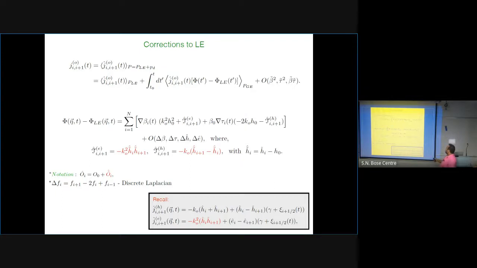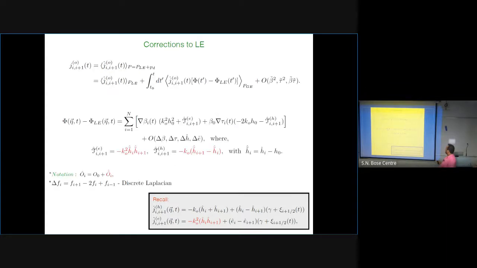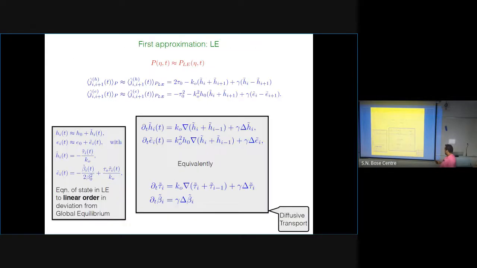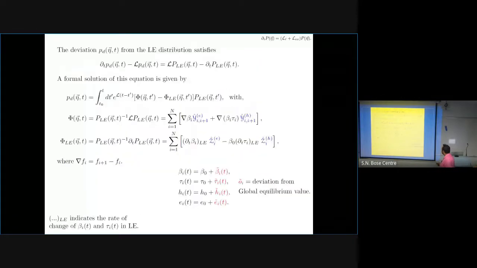Now I want a correlation of this with this. One thing I did not mention is that this correlation was evaluated at local equilibrium, because PD was, if you remember, PD was here with PLE. So that means this was an average with respect to PLE.